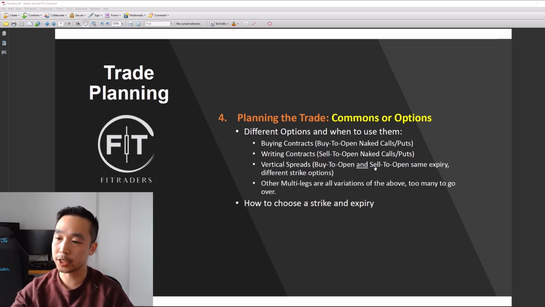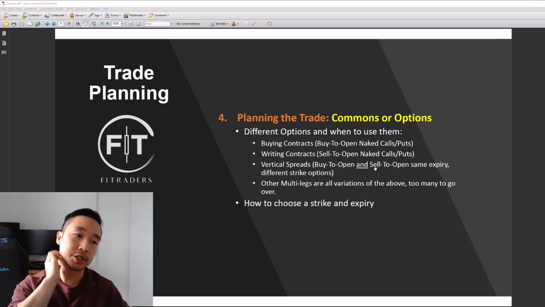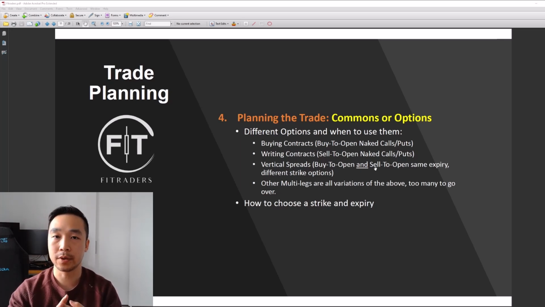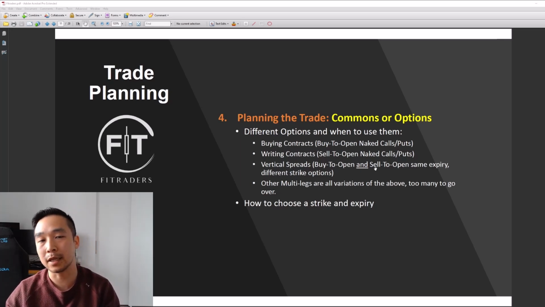So let's say I buy the 107 strike, 2 weeks out. What does that ensure? That ensures enough time for the play to play out, but I'm left with some intrinsic value and some time value in my option. So it allows me enough time to let that trade play out.